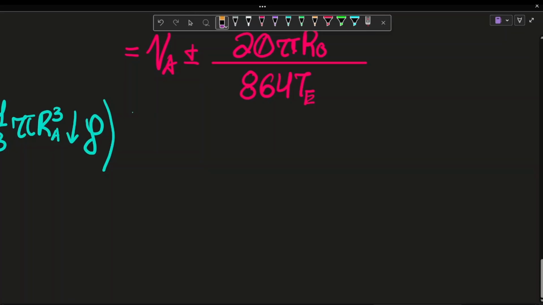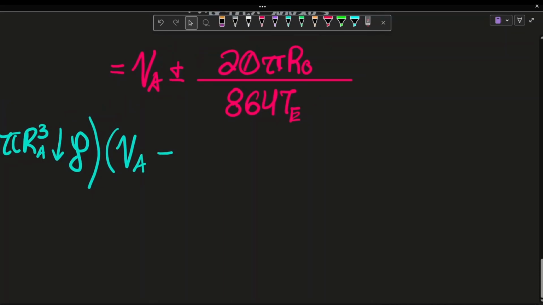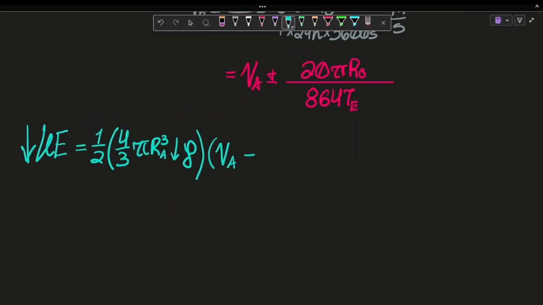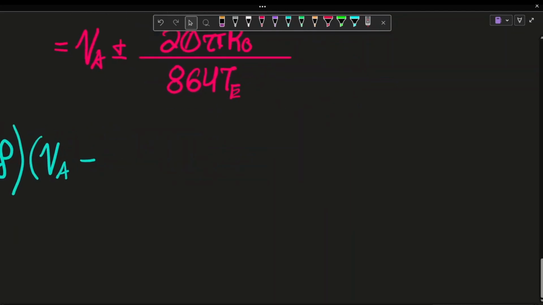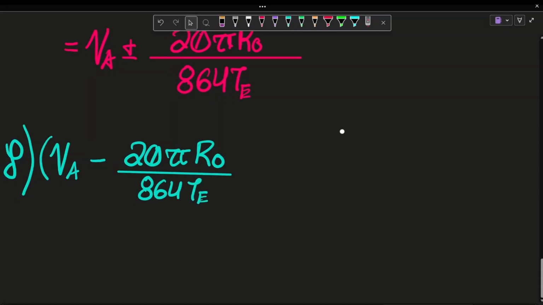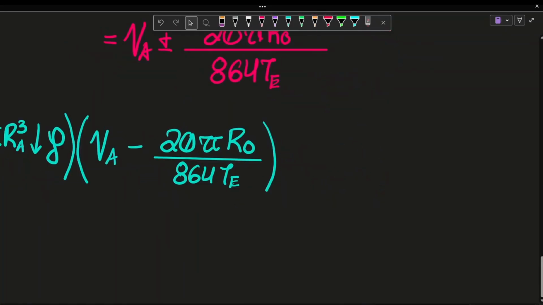So here would be velocity of the asteroid minus, in the worst case, or I guess the best case for Earth, they would be unaligned, so their velocities wouldn't add up. v minus 20 pi radius of the orbit, which stays the same, and 864, that period stays the same. So we no longer need the arrows to denote that it's the minimum, because we have the subtraction here, which already tells us it's the minimum.